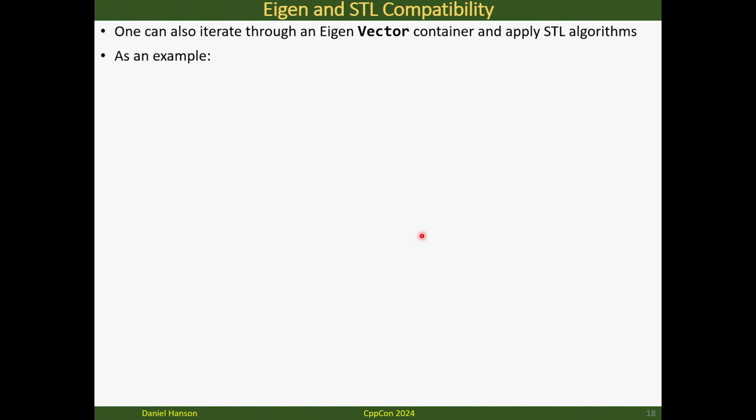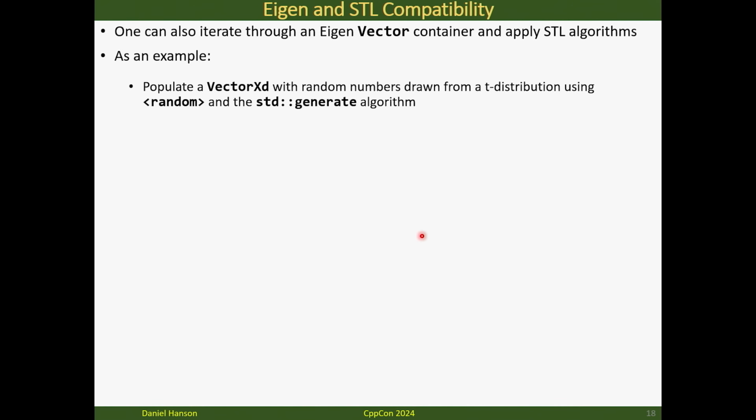So as an example, let's populate a vector XD with random numbers taken from a t distribution. And we'll use the new random number generation. Well, it's not all that new now, but that came out in C++11, and apply the std generate algorithm. And then we can apply the max element algorithm to find the maximum random value in the result.